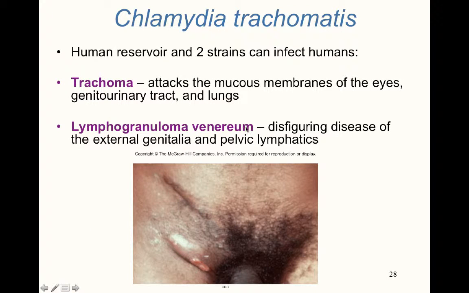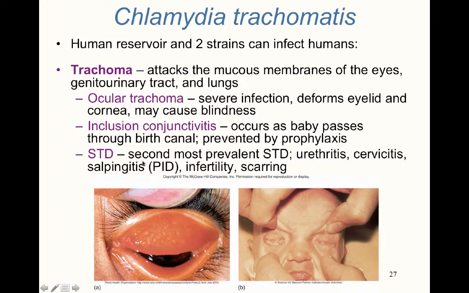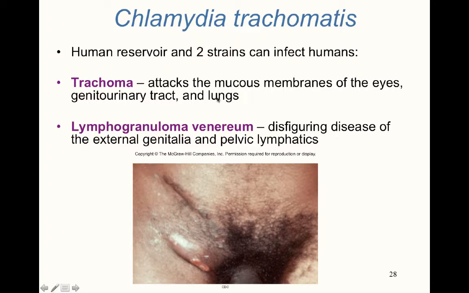Now, another one to mention, lymphogranuloma venereum can cause a disfiguring disease of the external genitalia and pelvic lymphatics, as we see on the bottom here. And trachoma, so this is just a broad term referring to the ability of this pathogen to attack the mucous membranes in the eyes, genitourinary tract, as we saw here, but then also the lungs as well.